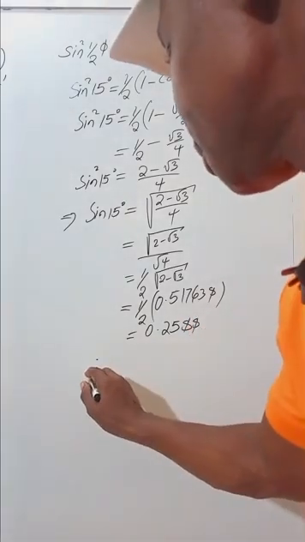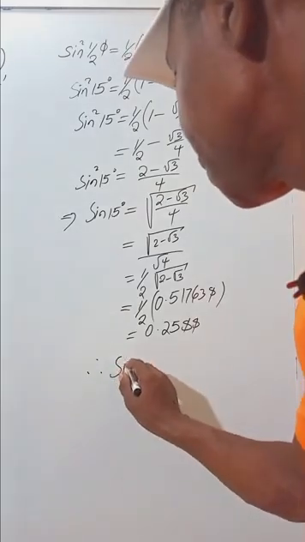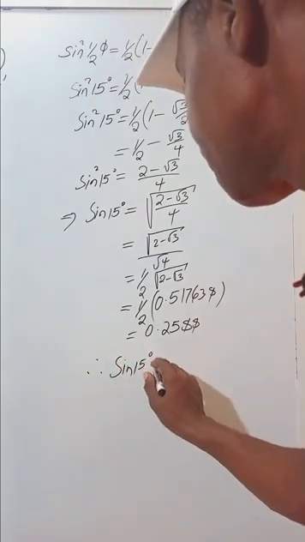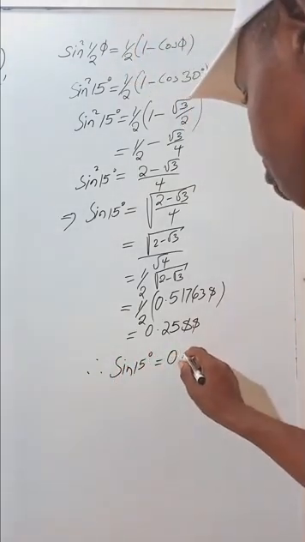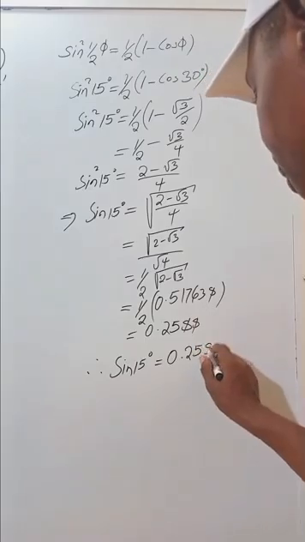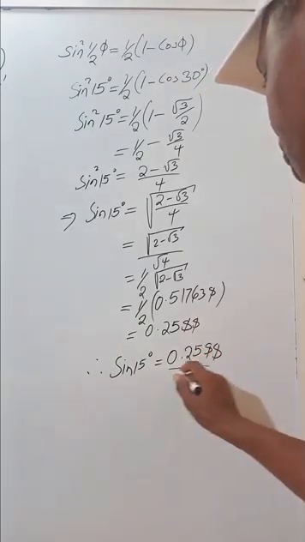So therefore sine of 15 degrees is equal to 0.2588. So this is our answer.